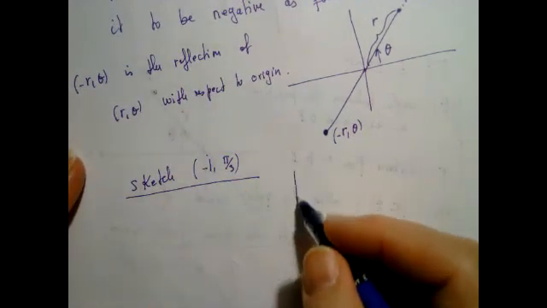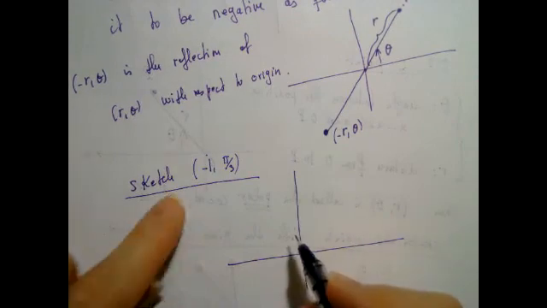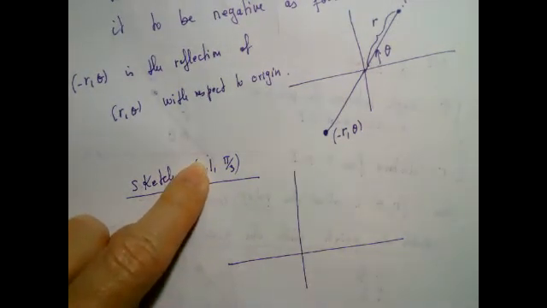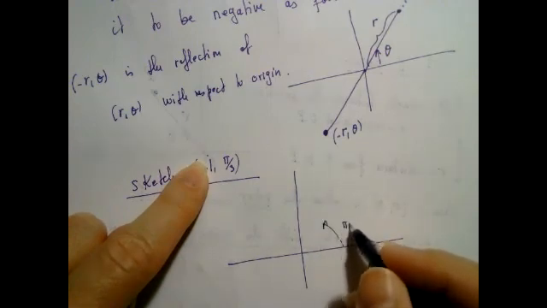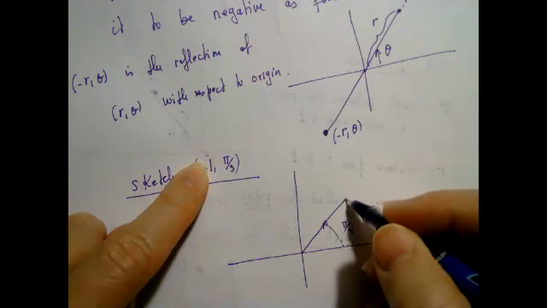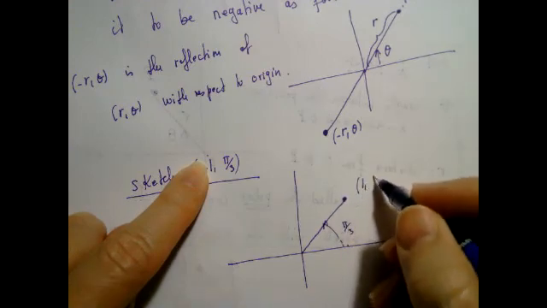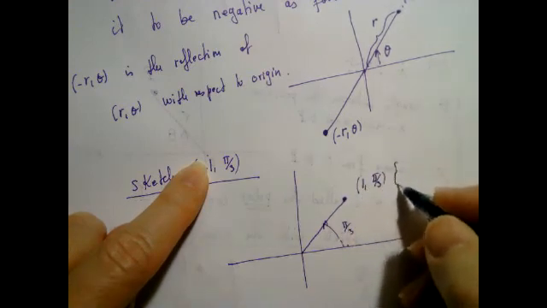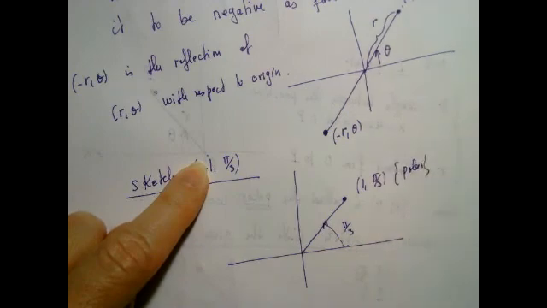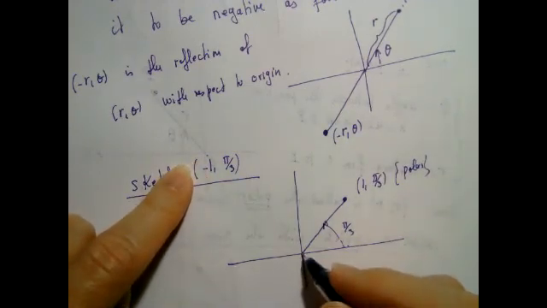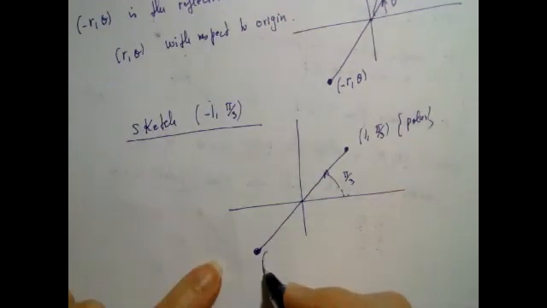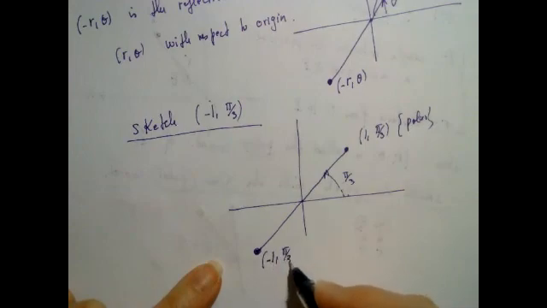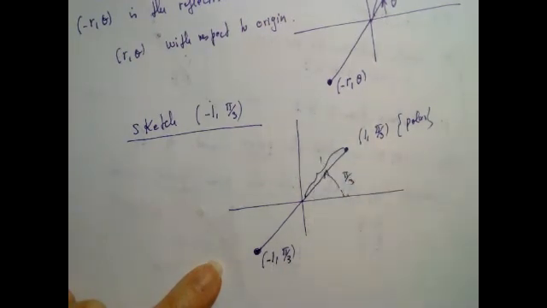So first, I sketch the positive one. (1, pi over 3) means this is pi over 3, and I move one unit away. That's (1, pi over 3) in polar. Minus 1 will be the one symmetric to it. So this is the 1, and (minus 1, pi over 3) is right there.